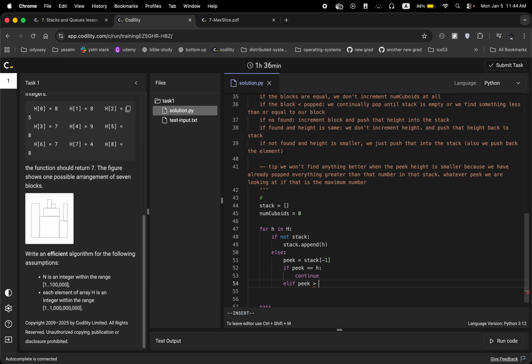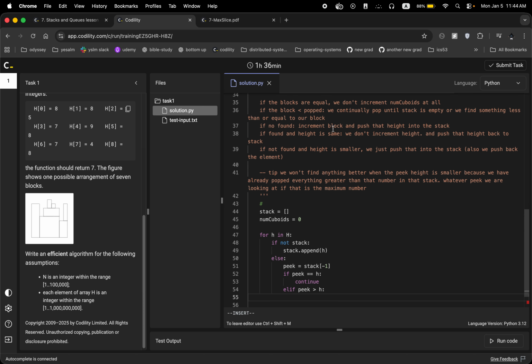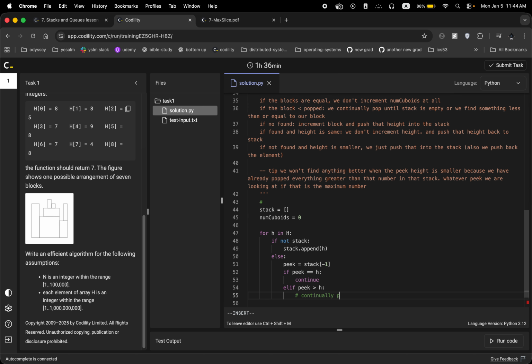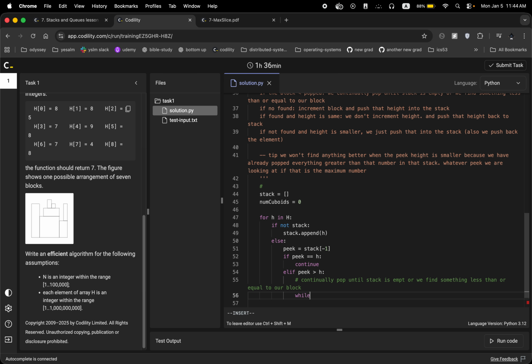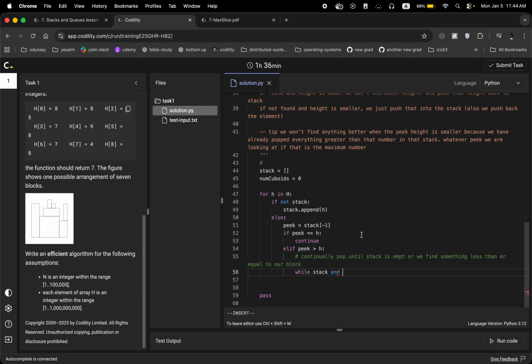If peak is greater than the block, we continually pop until stack is empty or we find something less than or equal to our block. While stack, I guess we can just have a break statement.